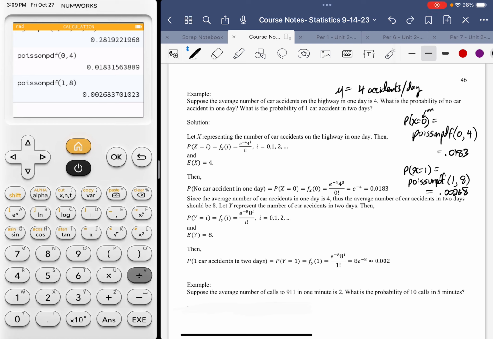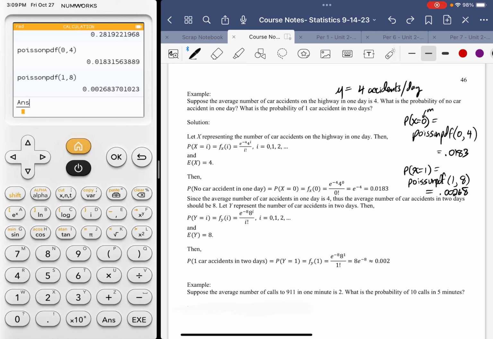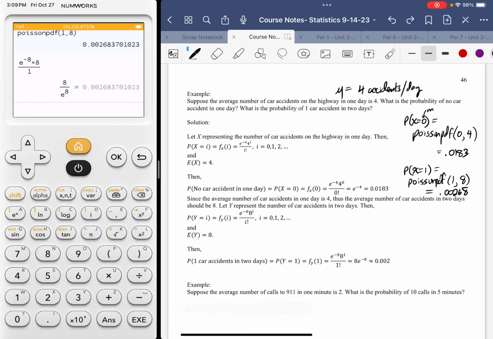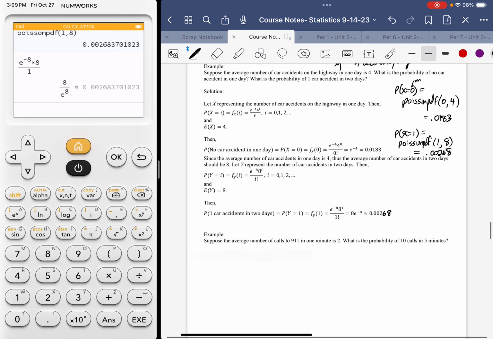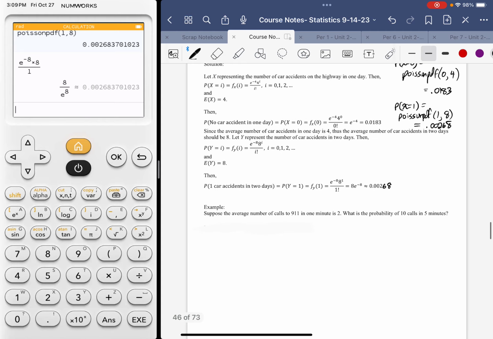I'll just run it through the formula the one time so you could see. So e to the negative 8th, times 8 to the first power, so just times 8, over 1 factorial, which is 1. And you get the same decimal. This should have been a 3 if I was going to round it to that. That being said, I never should have rounded it that way to begin with. So that's a typo there. That should be 0.00268.